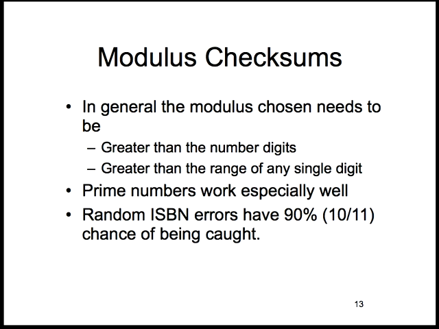Generally, the mod that you choose needs to be greater than the number of digits for it to work well. And it needs to be greater than the range of any single digit. So if the digits can go from 0 to 9 or 0 to 10, then for it to work well, you want a mod 11.